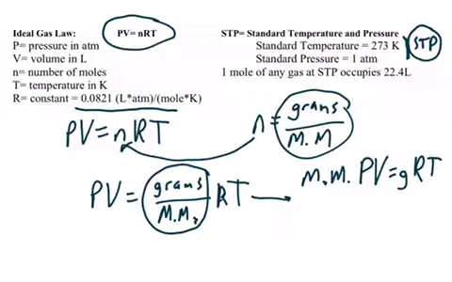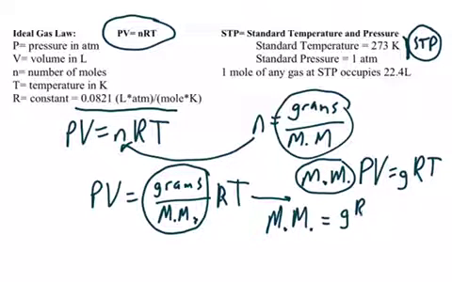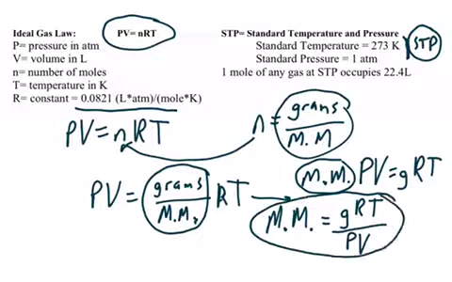If you isolate molar mass and divide by PV, you get that molar mass can be found by taking grams times R times T, and then dividing by PV. That gives us a way to find molar mass.